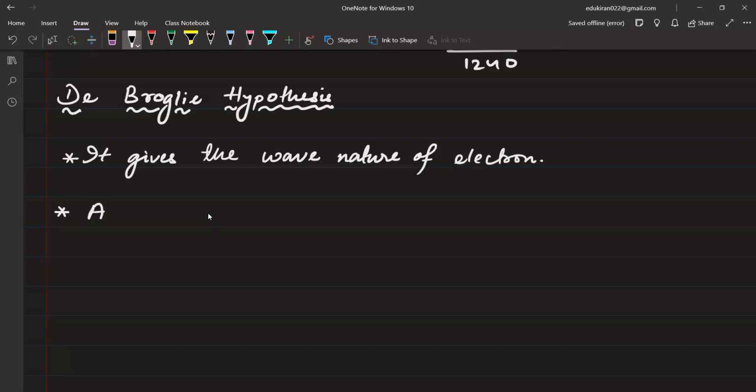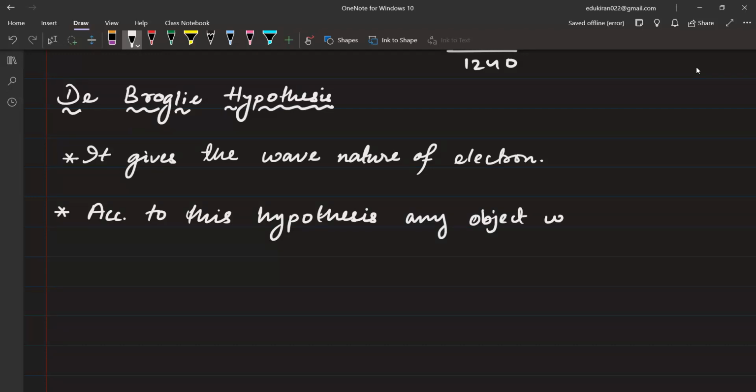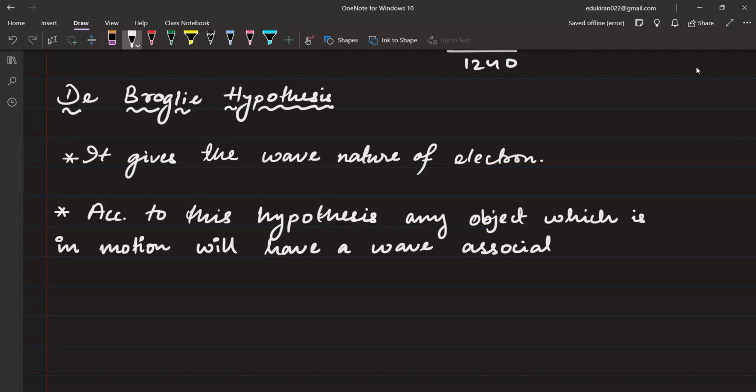According to this hypothesis, any object which is in motion will have a wave associated with it.